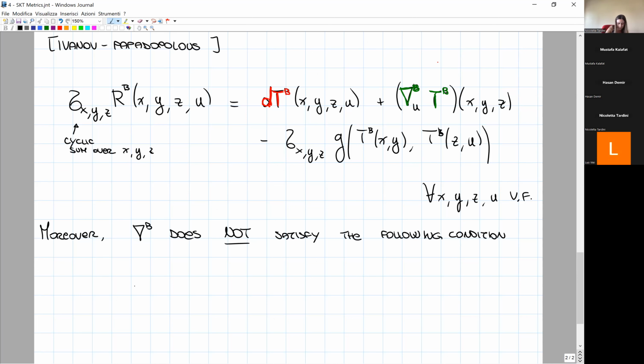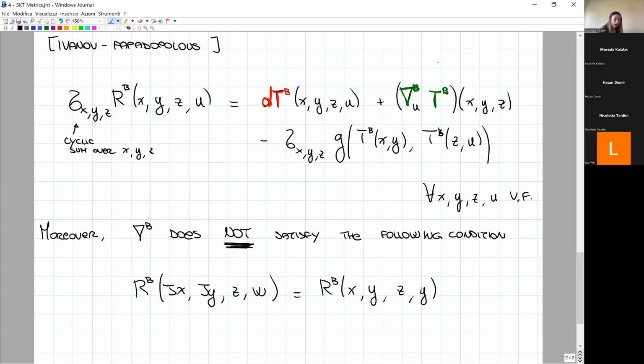That is, if you compute the curvature R^B of JX, JY, Z, W, this is not in general equal to R^B of X, Y, Z, W. So essentially it's not of type (1,1) in the first two entries. The Bismut connection does not satisfy this equality in general.